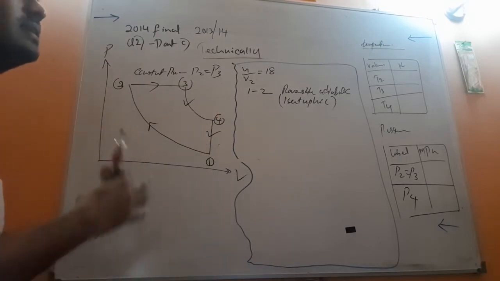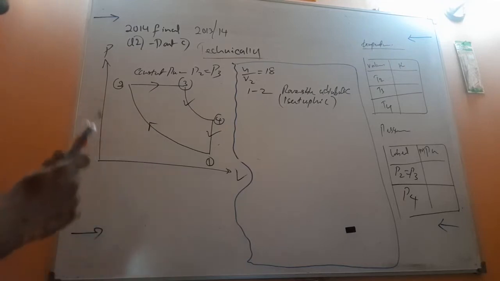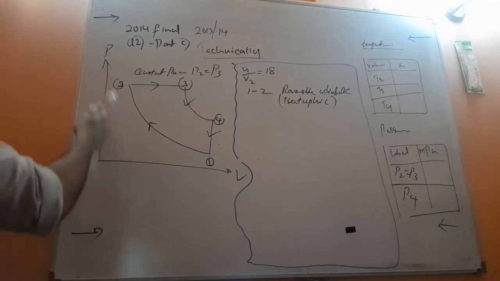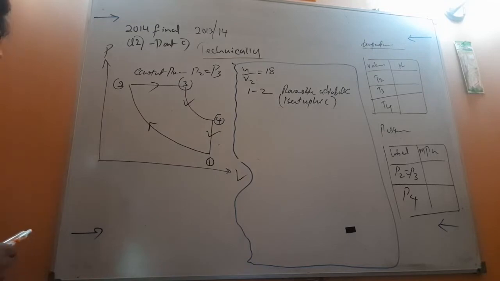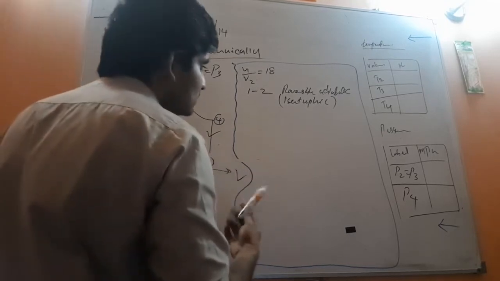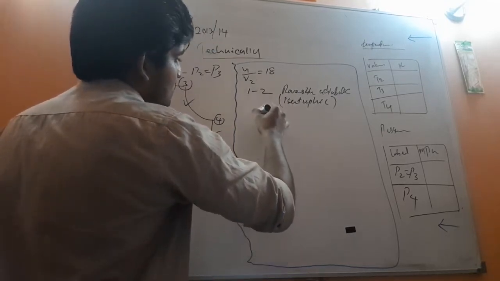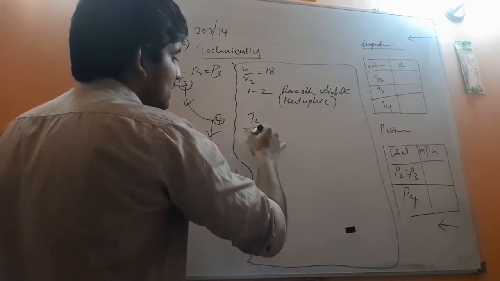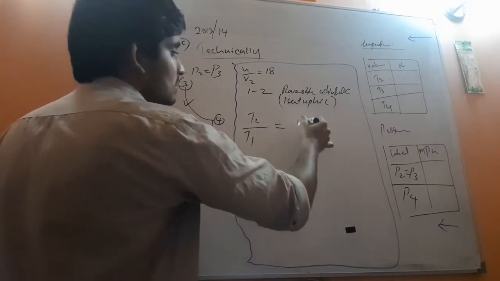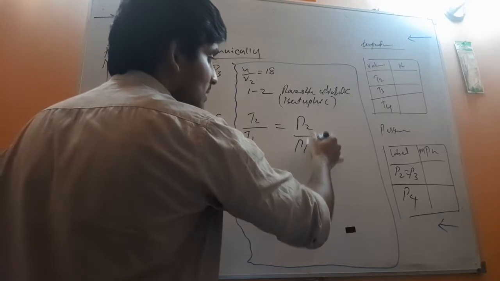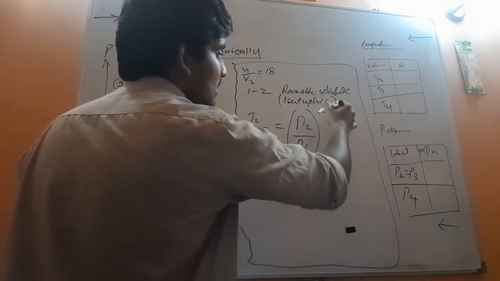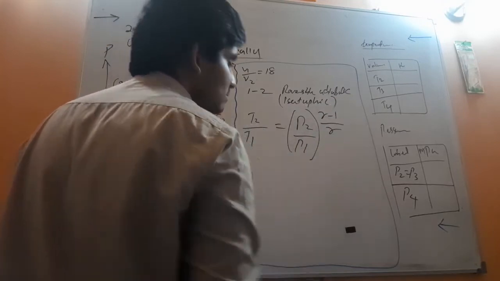So there must be an equation for that. What is the equation for adiabatic compression? That is very easy. T2 divided by T1 equals P2 divided by P1 to the power gamma minus 1 over gamma.